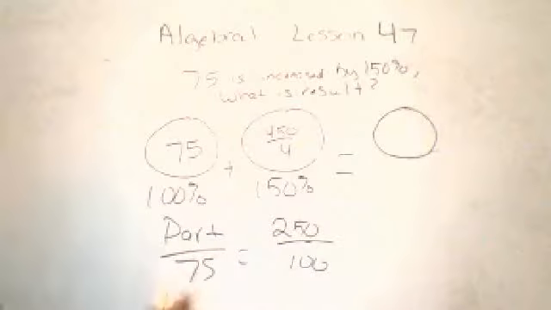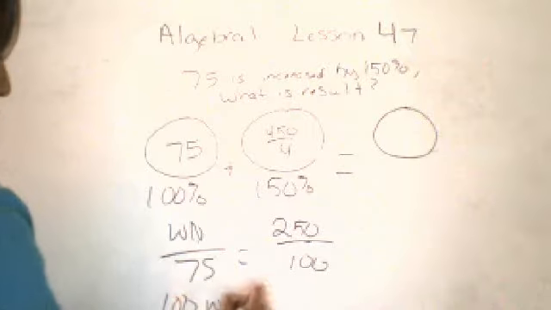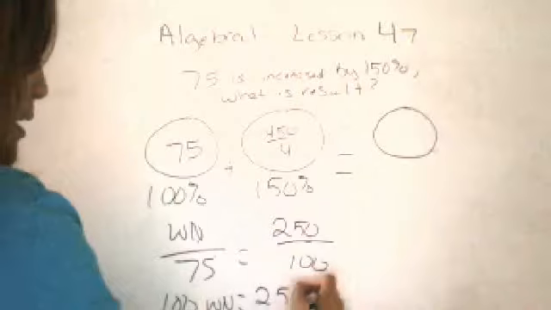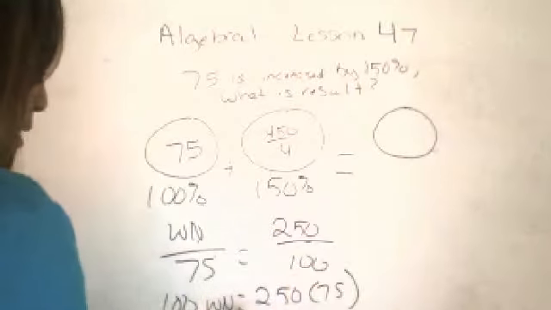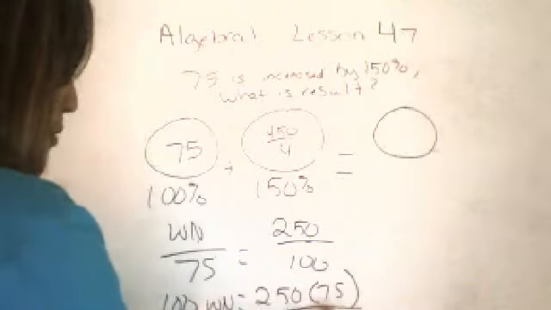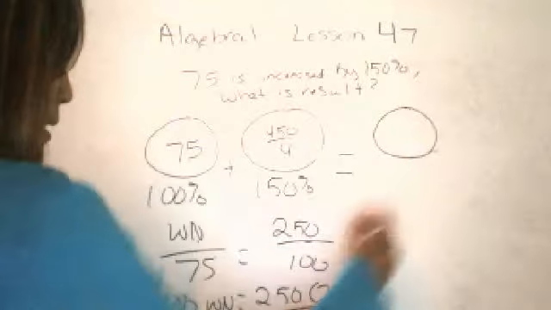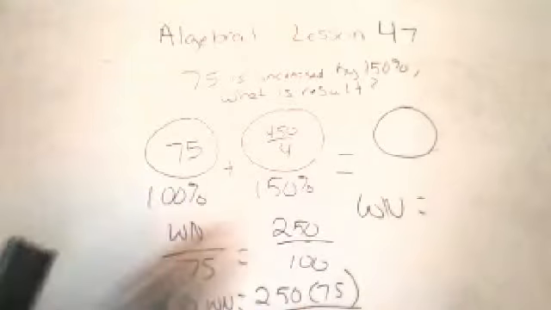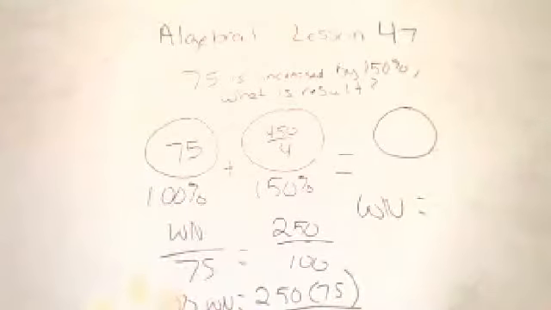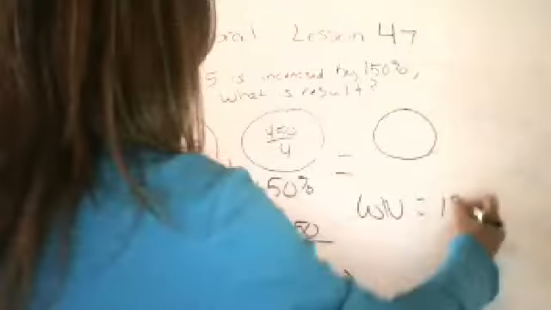Then we're going to have 100 W_N equals 250 times 75. Divide both sides by 100. And you're going to get what number equals 187.5.